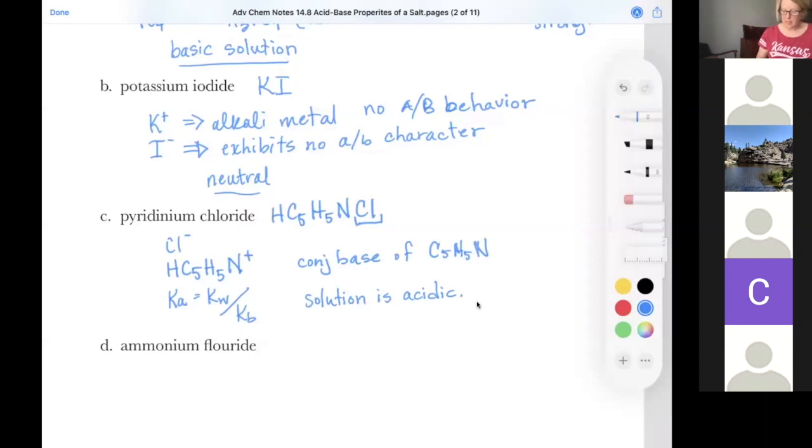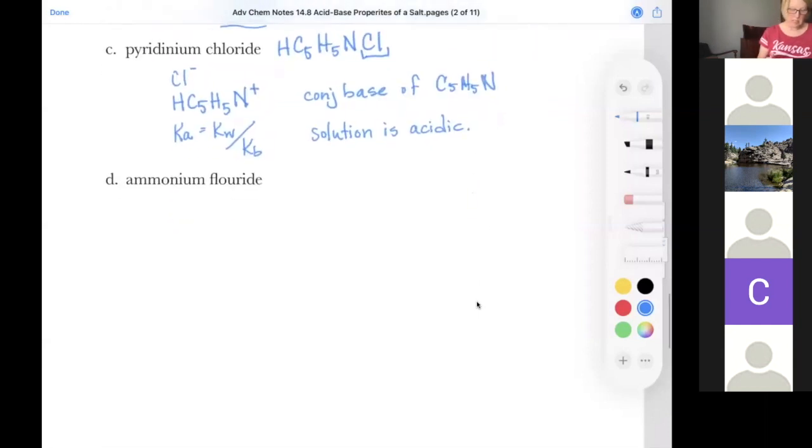The last one here, ammonium fluoride. If we look at ammonium fluoride, NH4F would dissociate into NH4 plus and F minus.